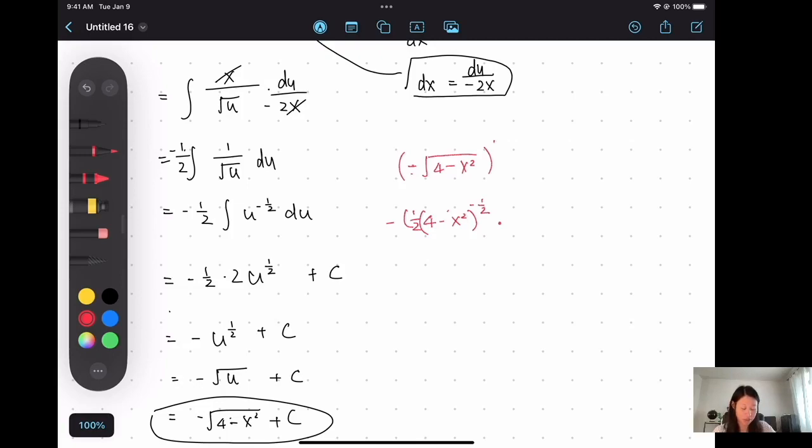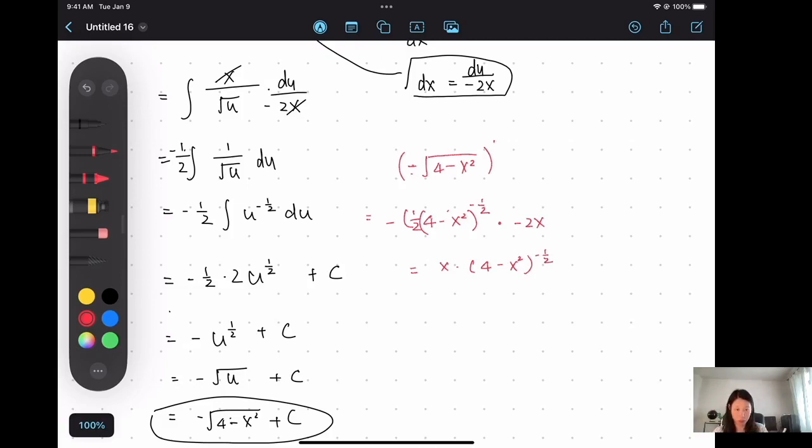So I have a negative 2x. Alright, so now let's simplify and multiply a little bit. Negative, negative, they cancel, and 1/2 and 2 end up as 1. So your final answer should be x times 4 minus x squared to the negative 1/2.